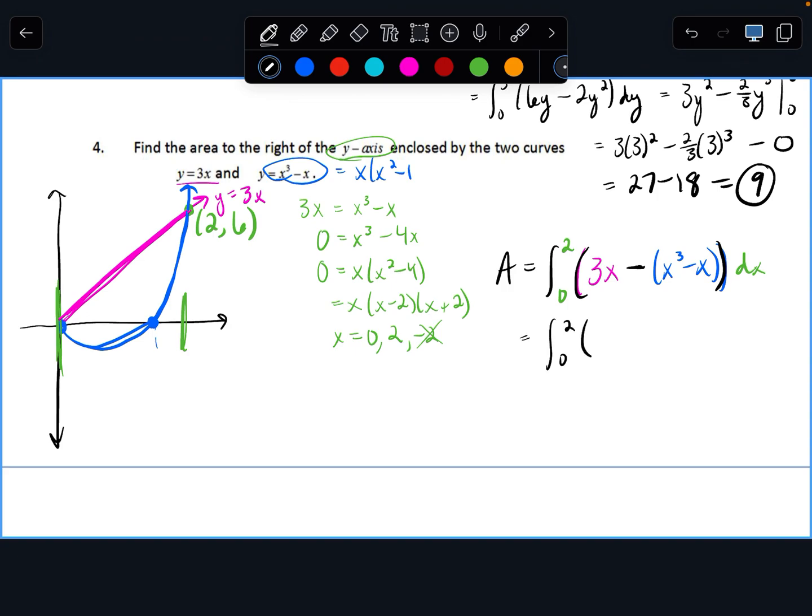So I'm going to put these together. Oh, that's embarrassing. Don't look at that. 4. Didn't distribute the negative.